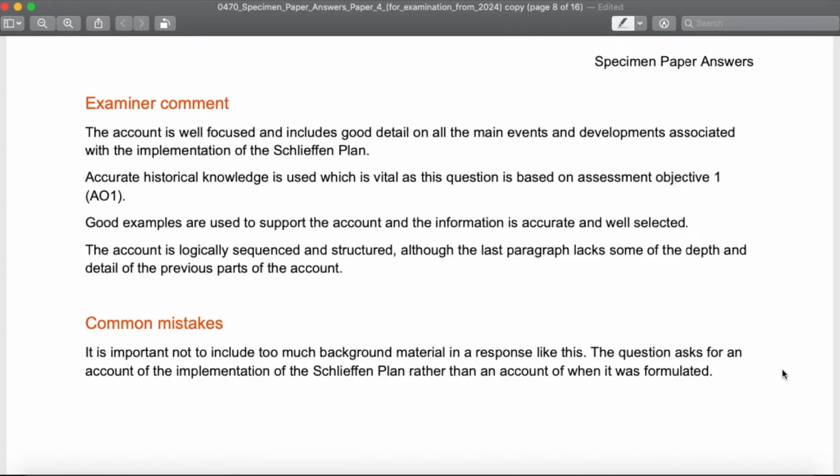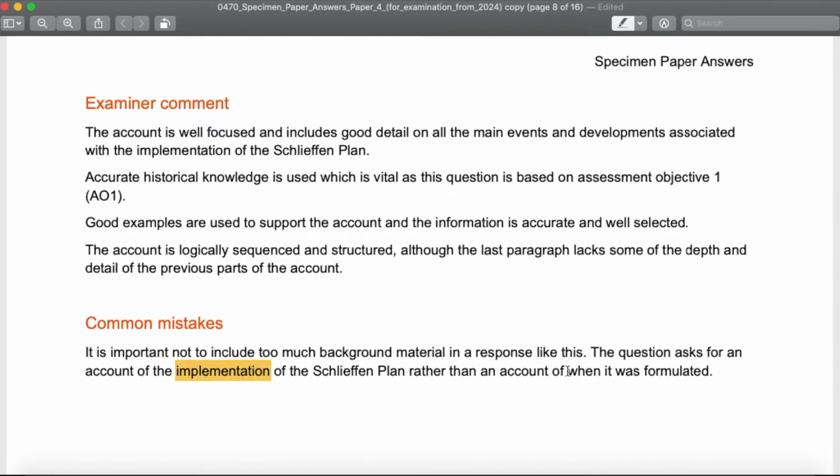Well-focused and good detail on all main events, implementation. AO1 is well done. Good examples to support, and it's well structured. But the common mistakes for this question: it should stick to the implementation, not about when it was being drawn up, on a big sheet of paper on a map in Berlin or wherever it was.